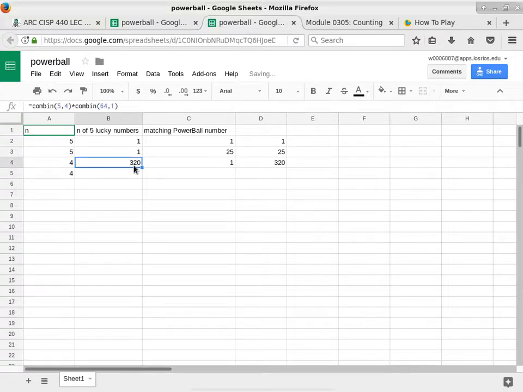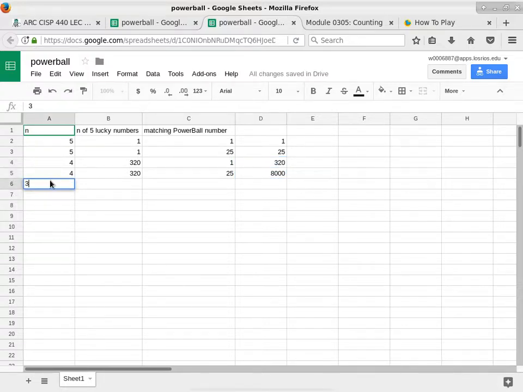Now we have 4, and we'll keep this one, except this time I have 25 ways of not matching the Powerball number. So in this case, I have quite a few more, 8,000 unique tickets that can win the 4th prize.